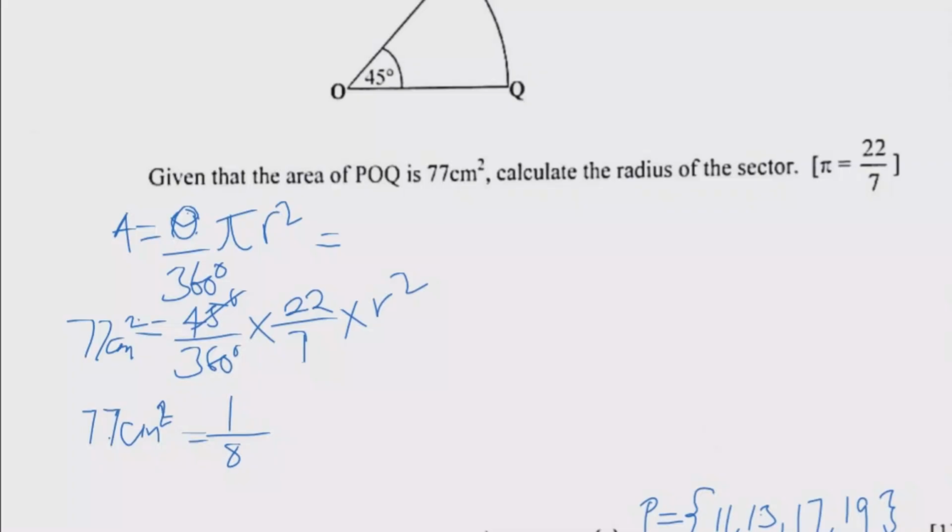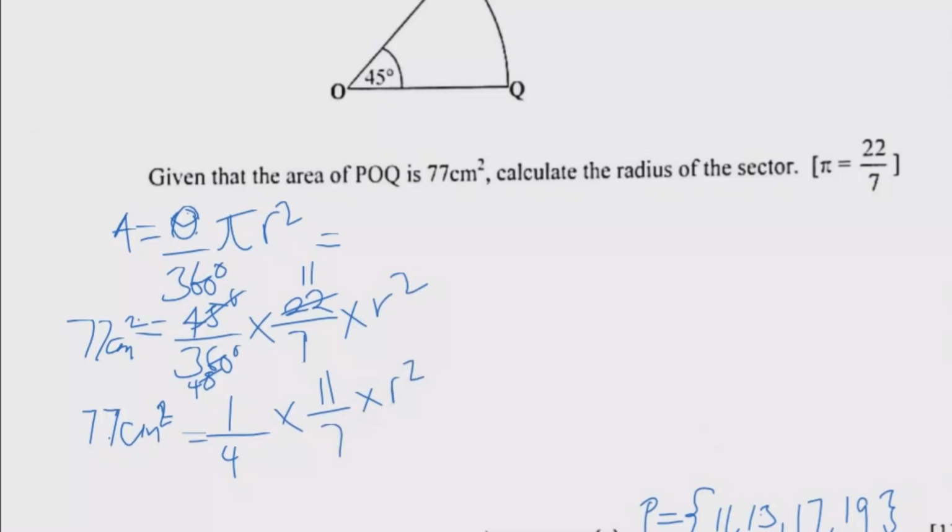I can further divide it with the 22. 2 into 8 goes 4 times, and 2 into 22 goes 11 times. So down where there is 360 we have 4, then times 11 over 7 times r squared.